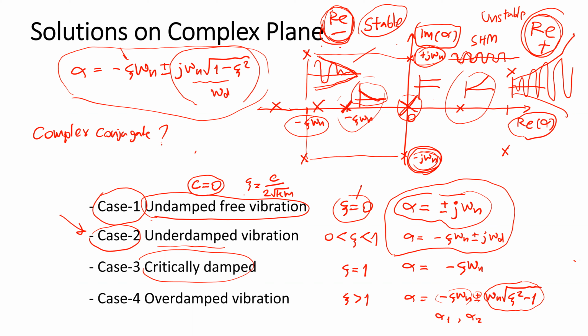If we have a complex conjugate, J, the system vibrates. The second thing you need to see is minus psi omega n.